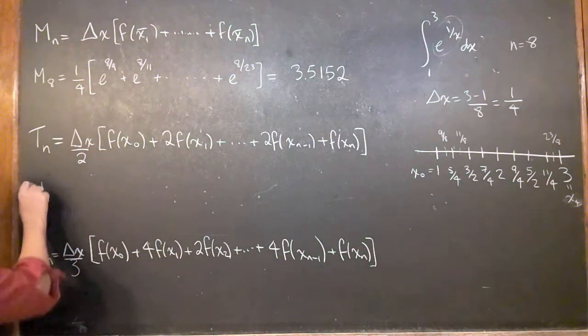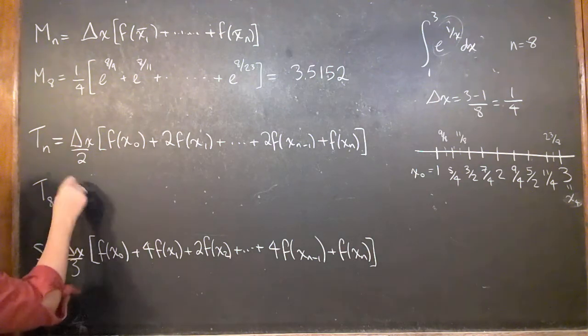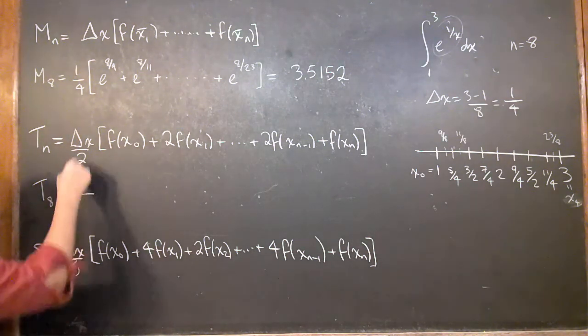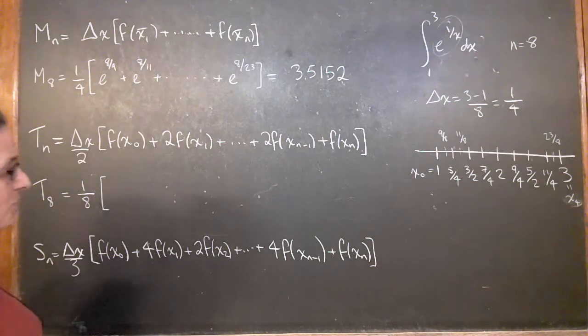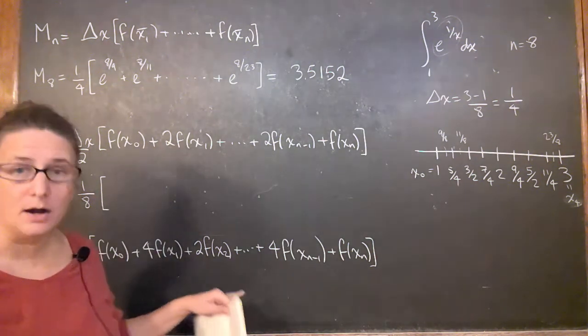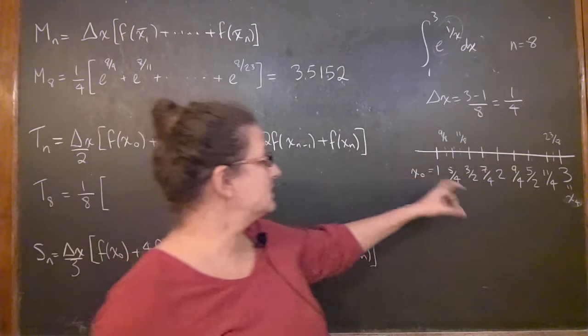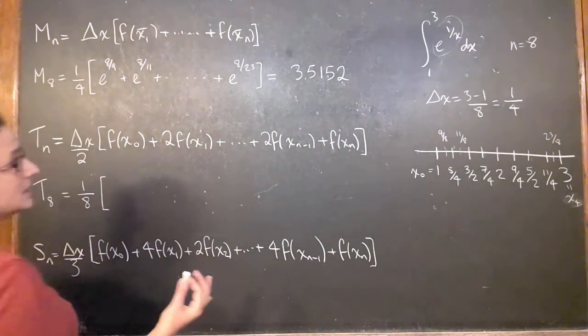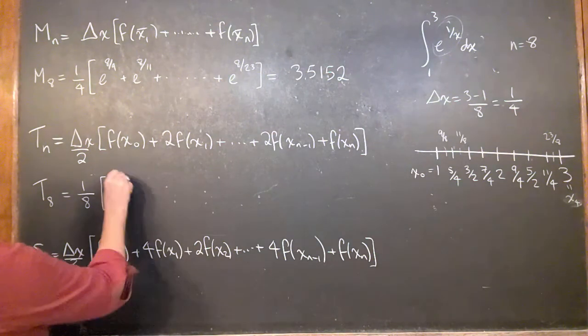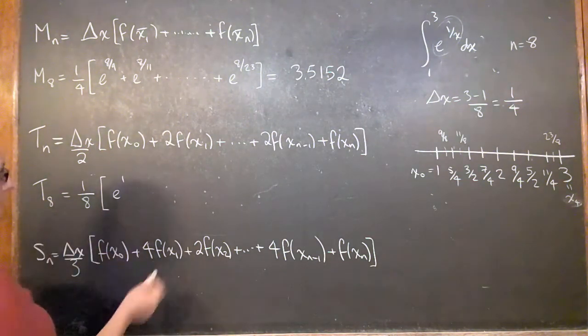My trapezoidal rule, I basically do the same thing, right? Because it's delta x over 2, now this is 1/8. And now both these two, as we said, are actually just taking the endpoints of the interval, so I don't need those midpoints anymore. E to the 1, right? X naught is 1.